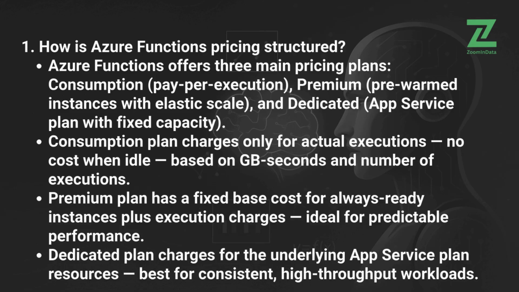Consumption plan charges only for actual executions, no cost when idle, based on GB seconds and number of executions. Premium plan has a fixed base cost for always ready instances plus execution charges, ideal for predictable performance. Dedicated plan charges for the underlying app service plan resources, best for consistent, high-throughput workloads.